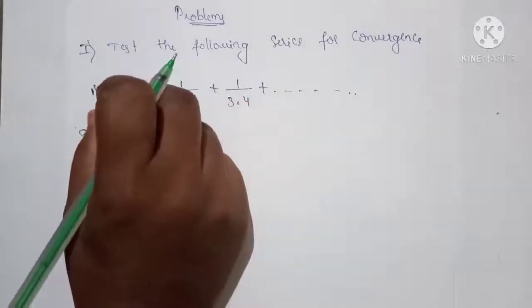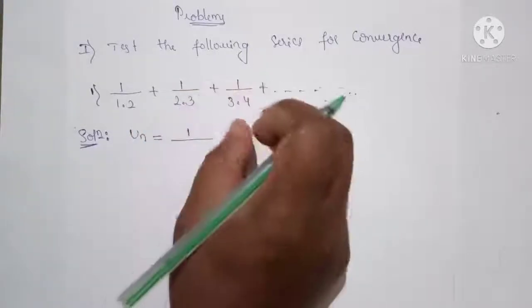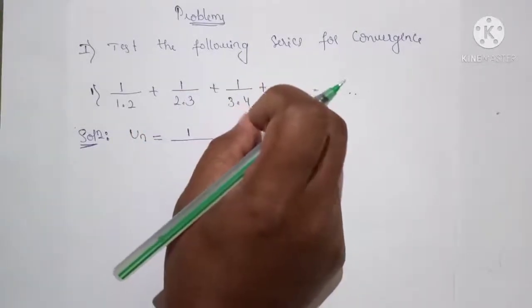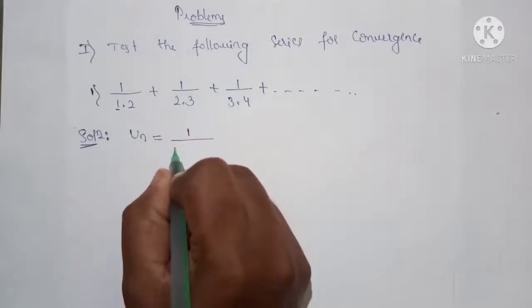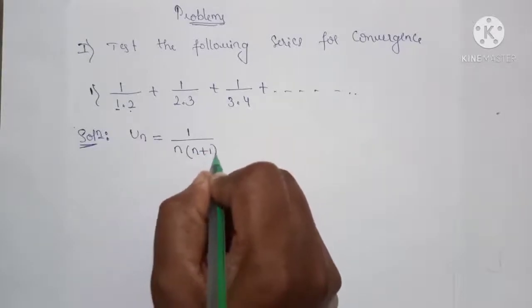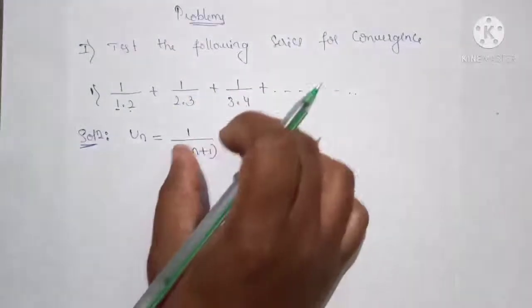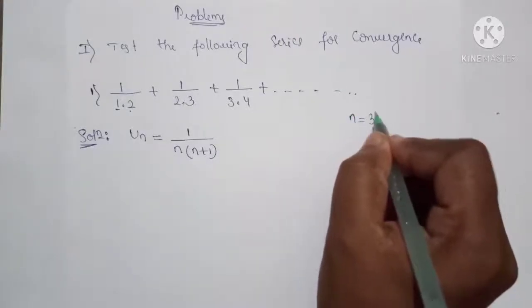These are counting numbers. 1 into 2 is a counting number, then we get 2 into 3, and for the third term we have 3 into 4. That means we can write it as n into n plus 1, where 1 means n and 2 means n plus 1. If you apply this for any term, you will get the same un. That means if n is equal to 3, we will get the third term.